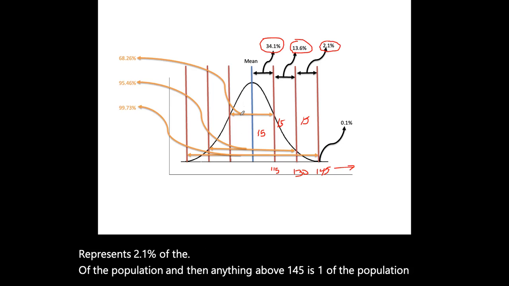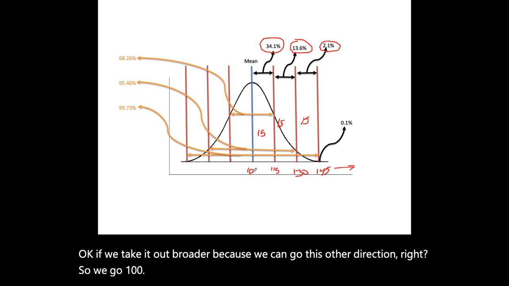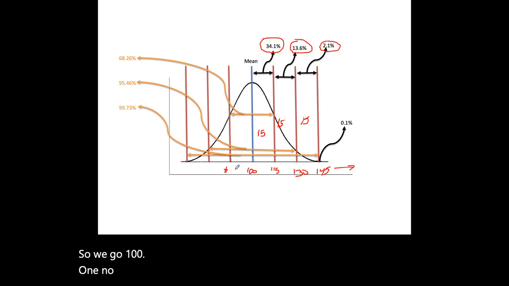If we take it out broader, because we can go in this other direction, right? So we go 100, no, that's wrong, 85, 70, and then, trying to do math in my head, it's 55, 45, all right.